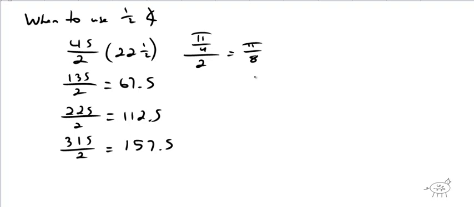It works for pi over 12, but it doesn't work for pi over 8. Pi over 8 is 22.5 degrees. Nothing adds and subtracts to give you 22.5. So if you see anything with a pi over 8, and of course if it can't be reduced, you're going to use half angle. Okay, so let's do a couple examples here.